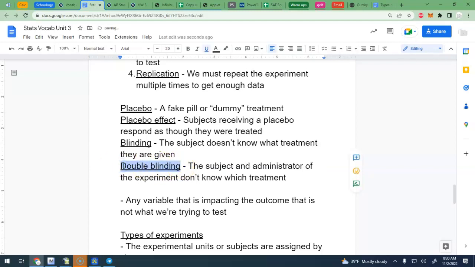So that would be that I'm gonna administer you, the patients, a pill, and you don't know which one it is, and that's important so that you have no bias. But I don't know either in this situation if it's double blind. Because I could be like, I know this is the real pill, so yeah, you should take this. Really give this a shot. I think it'll work.